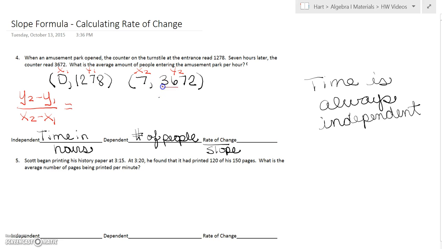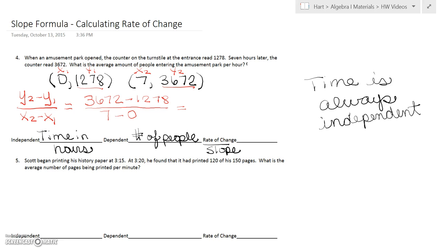Our y2 is 3,672. And then we do minus y1, and our y1 is 1,278. And then on the bottom we do x2, which is 7, minus x1, which is 0.